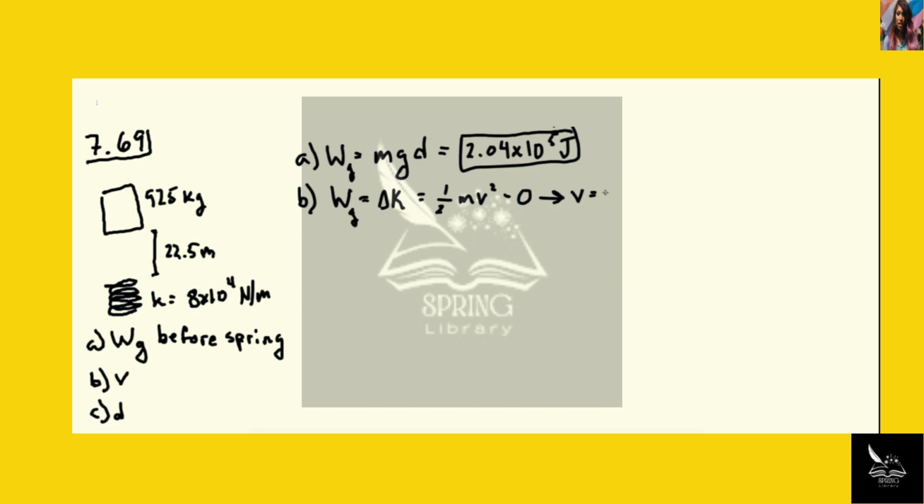So the speed is the square root of 2 times the work that gravity did divided by the mass. And so it's going 21.0 meters per second when it hits the spring.